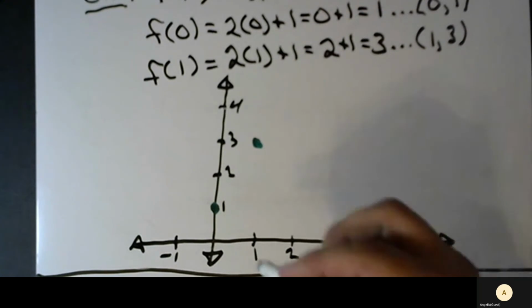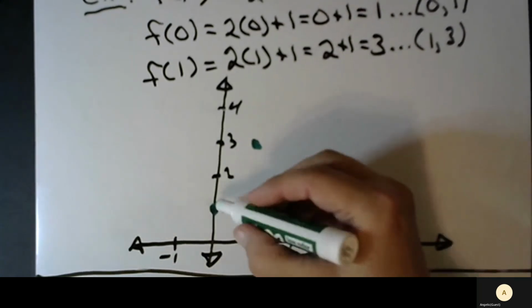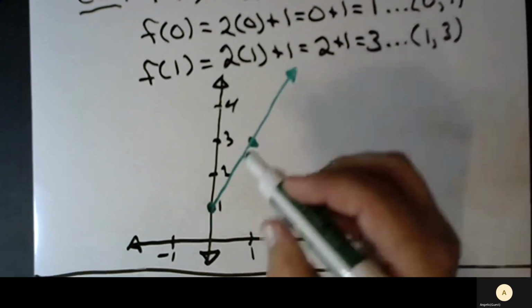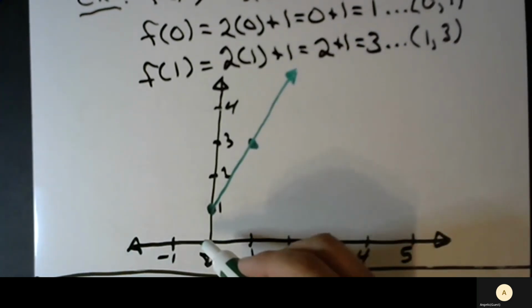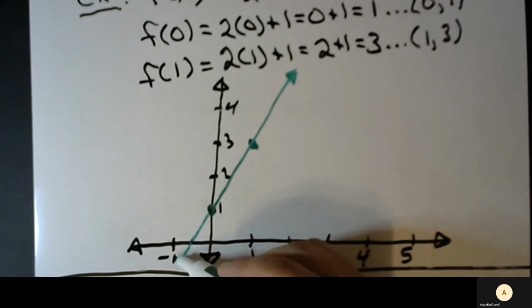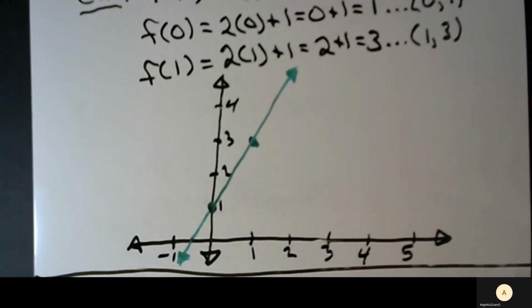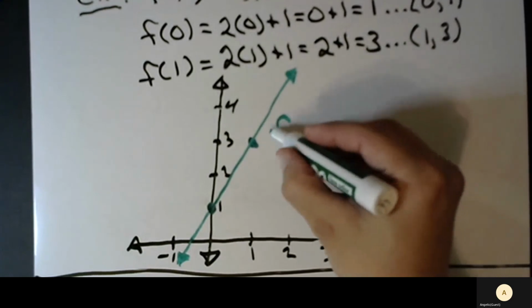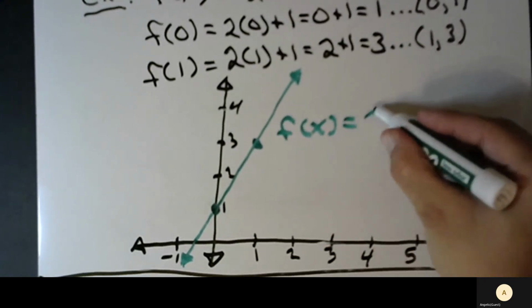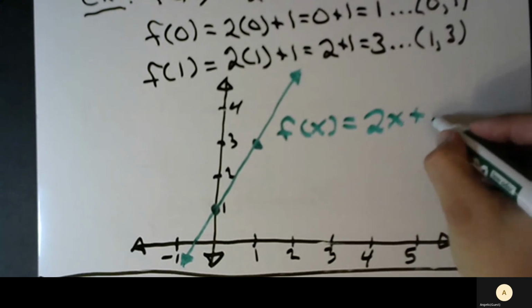And then using these 2 points, we draw our line. And so this would be the line f of x equals 2x plus 1.